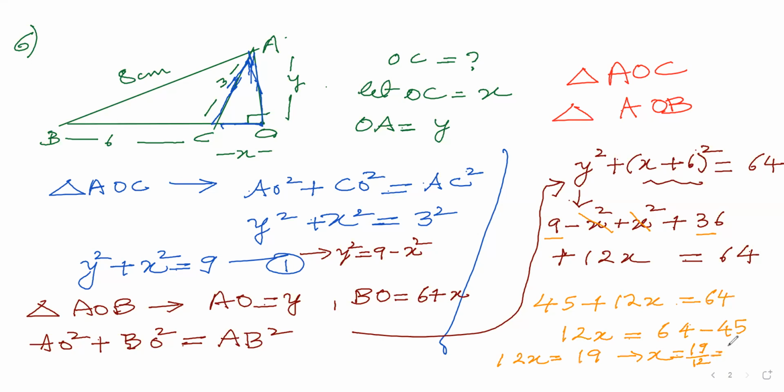It's 1 and 7 upon 12 centimeters. Mixed fraction form. This is your answer, 1 and 7 upon 12 centimeters. That's my X. X is nothing but my length of OC.